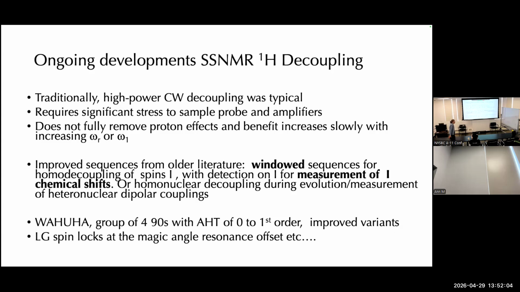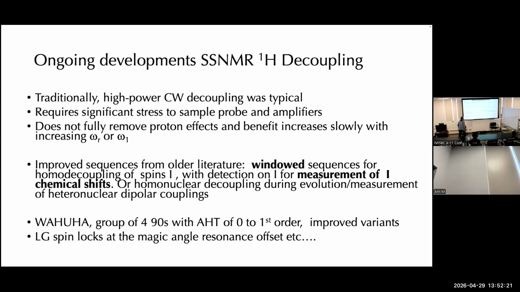Some are so-called window sequences. That means that what you want to do is suppress the proton couplings, but also measure them. So you come in at certain moments when you turn the pulsing off, you take a data point, and then you go back, pulse, and then you take a data point.